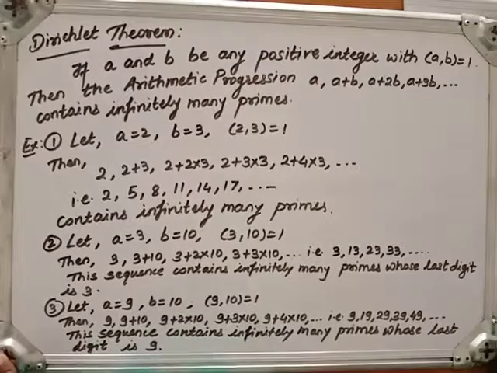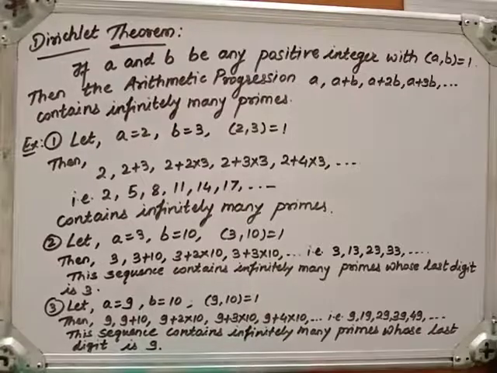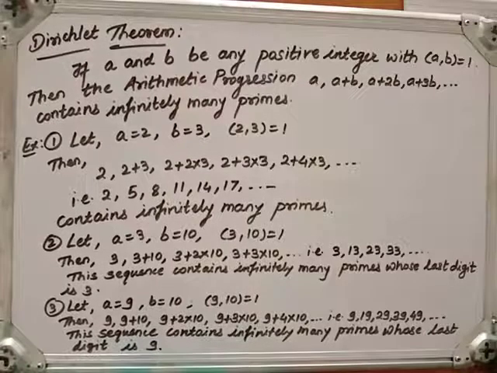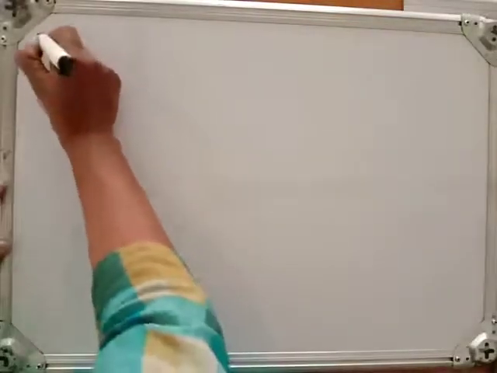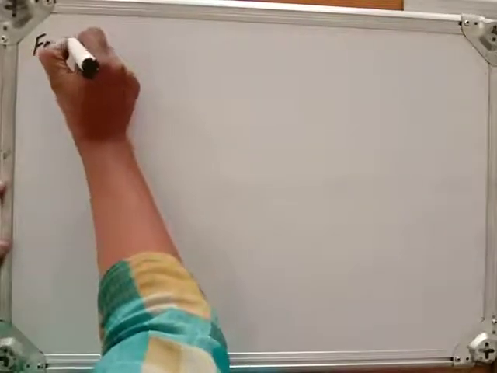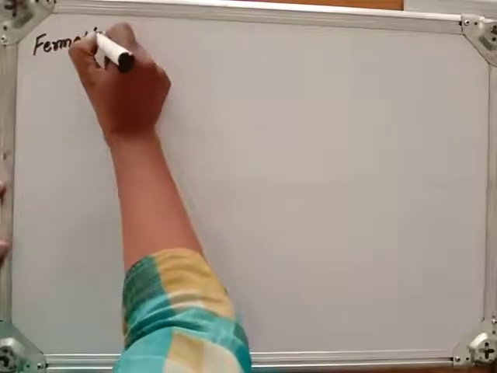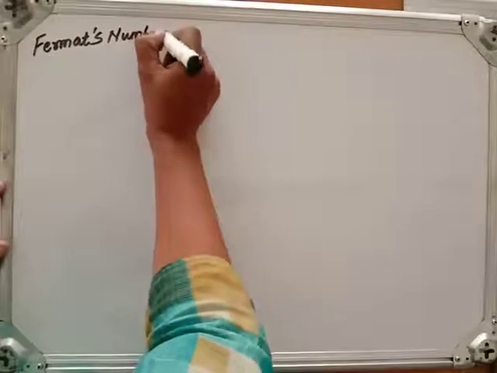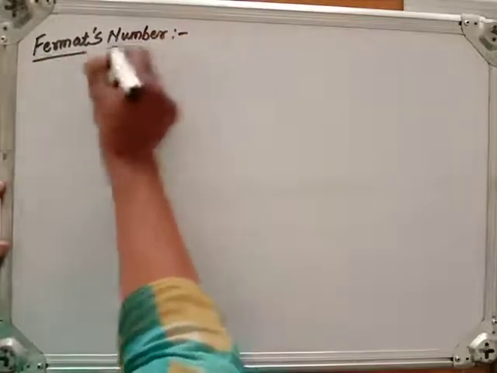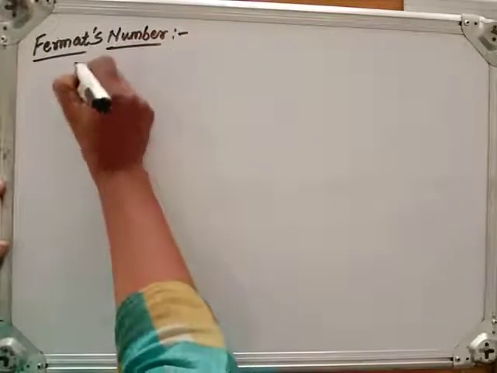Now we have to see two more definitions in this video. The first definition is of Fermat's number and another definition is of Mersenne number. Let's see them. Fermat's number. So what does it say?